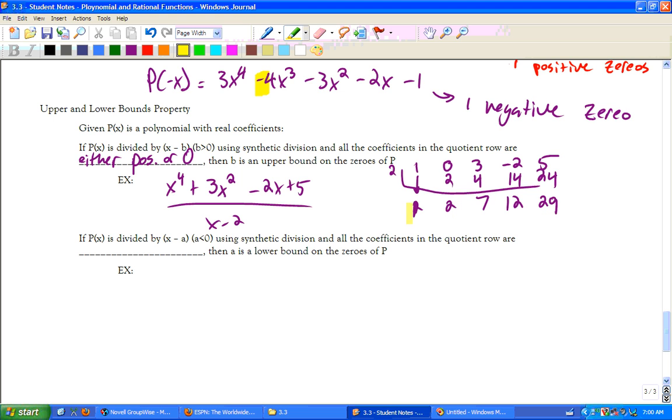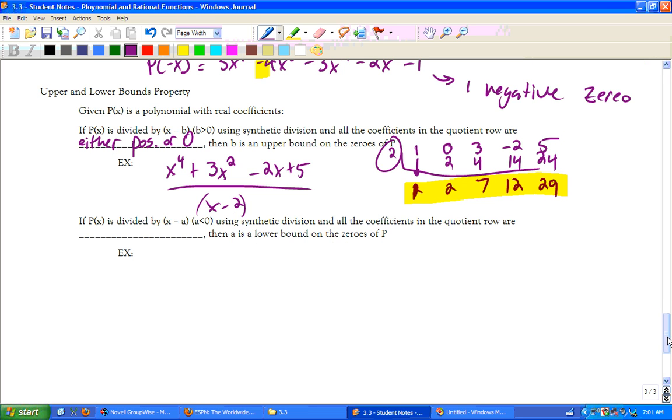Because all of these are positives or zeros, we know that x minus 2, and specifically 2, is the upper bound for all of our zeros, which means every zero we have for this function has to be less than 2.